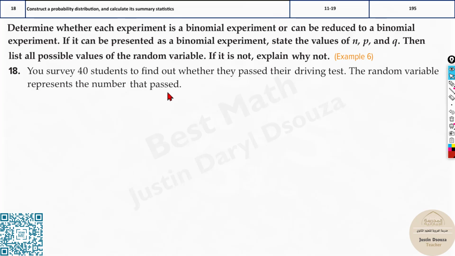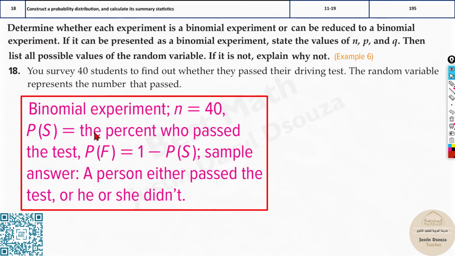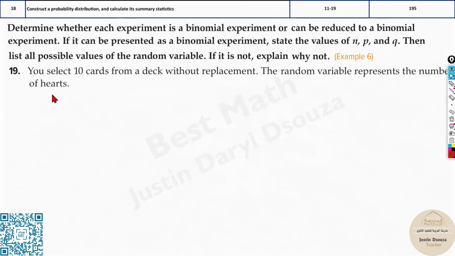You survey 40 students to find out whether they pass their driving test. Yes, this will be a binomial experiment because it's either pass or fail. So success is whoever passed, failure is whoever did not pass. And the number of students n is 40. And over here, a person either passed the test or didn't. The 19th one over here, last question: you select 10 cards from the deck without replacement.